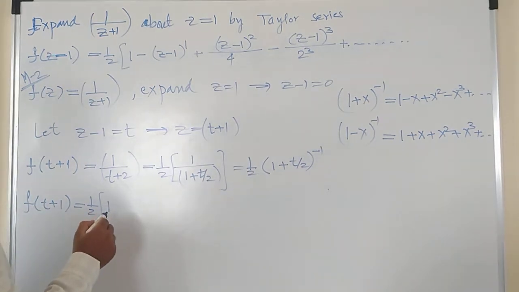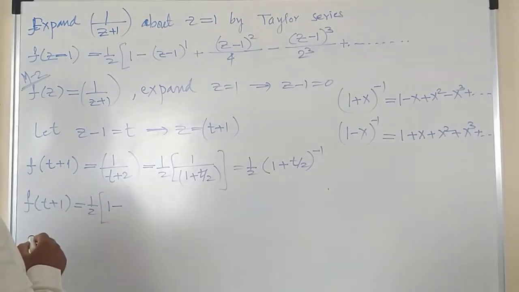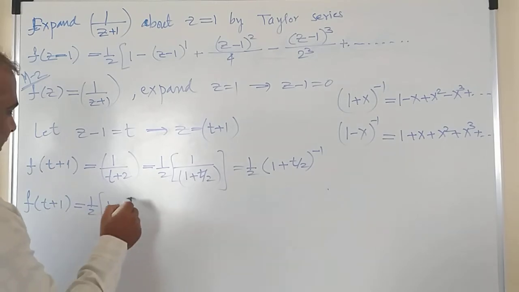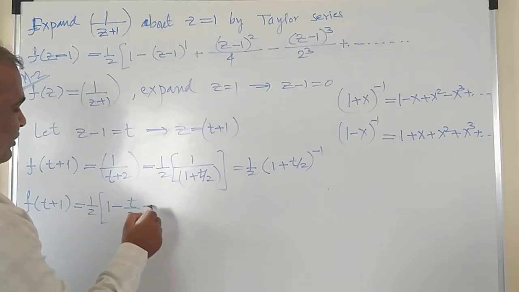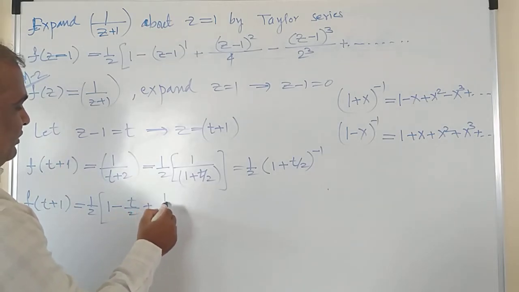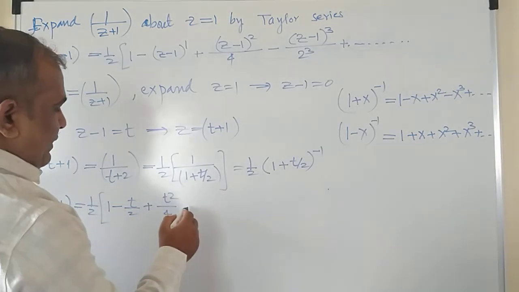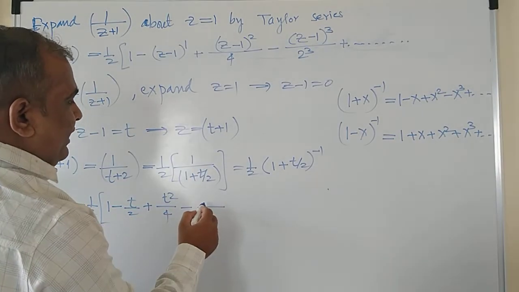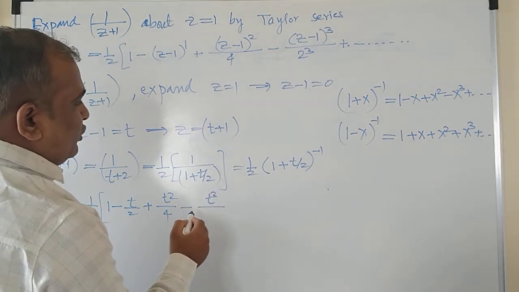First term is 1, then minus x, and x is t by 2, so you will get t by 2, plus x square, that means t square by 4, is that it? Minus x cube, that means t cube by 2 cube.